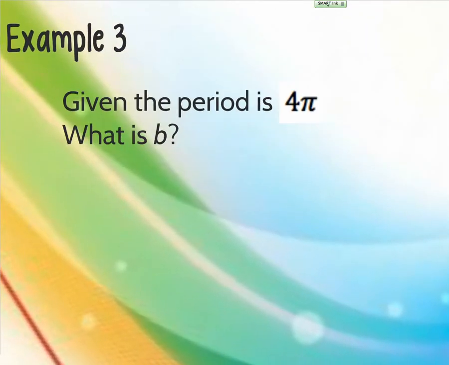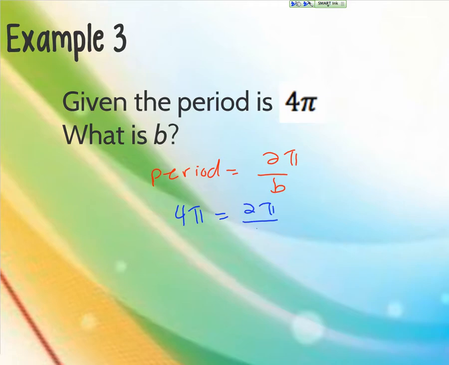So just a couple of little questions. Given the period is 4 pi, so it's stretched out to 4 pi for just one cycle, what's b? So remember, the function was that the period is equal to 2 pi over b. So if I know the period is 4 pi equals 2 pi over b, I'm going to multiply by b.